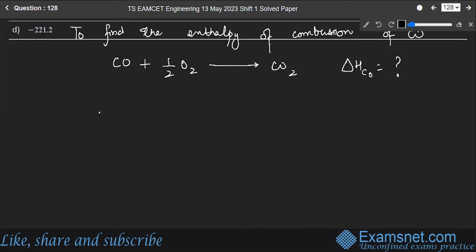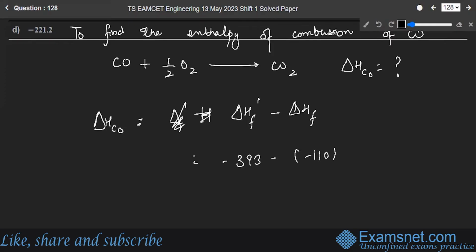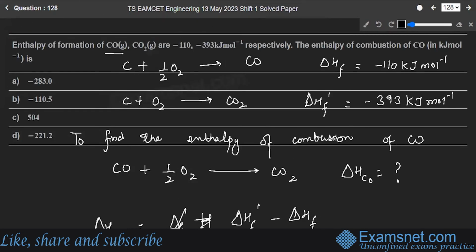This is given by delta HF dash minus delta HF, which is equal to minus 393 minus of minus 110, which is minus 393 plus 110, that is equal to minus 283 kilojoules per mole. That makes option A the right answer.